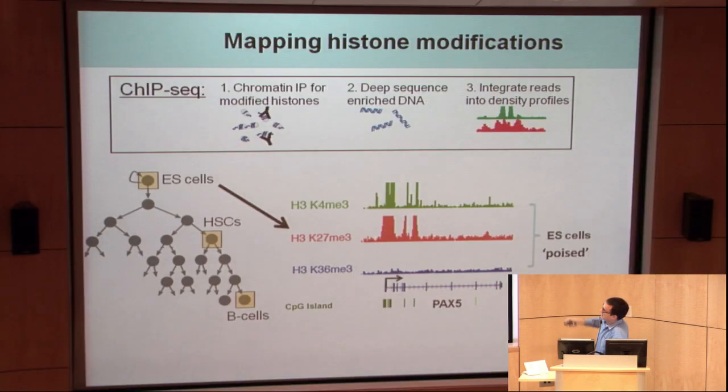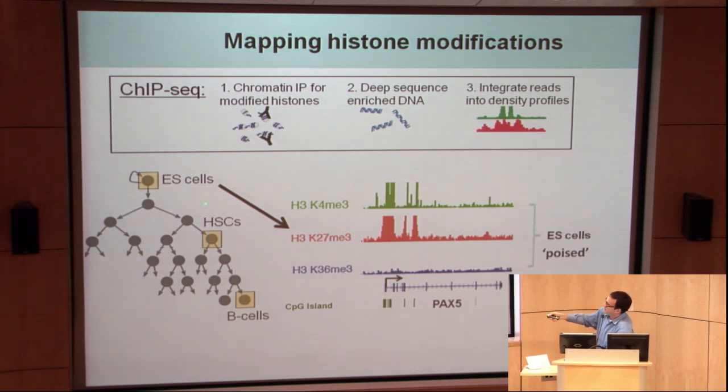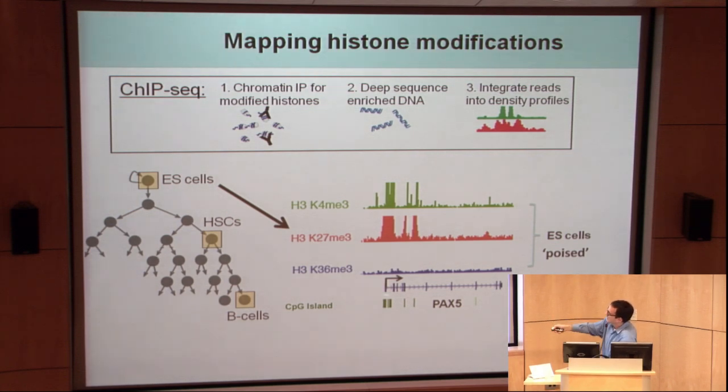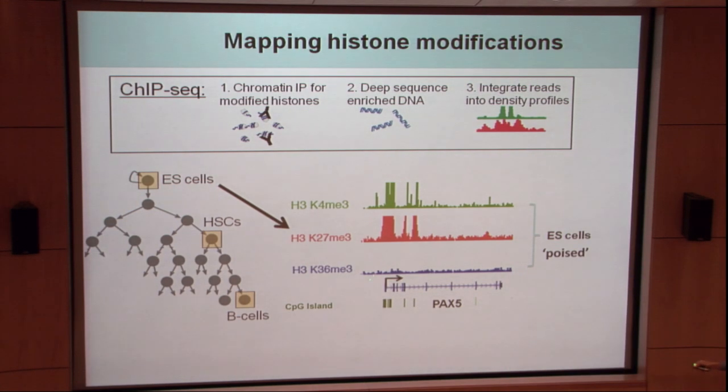The x-axis now is always the genome, and I'll just give you a sort of classic depiction. You know, the epigenome varies by cell type, so let's start with embryonic stem cells, which are pluripotent. X-axis is the genome. Here we see a view from the UCSC genome browser of PAX5, which is a master developmental regulator gene.